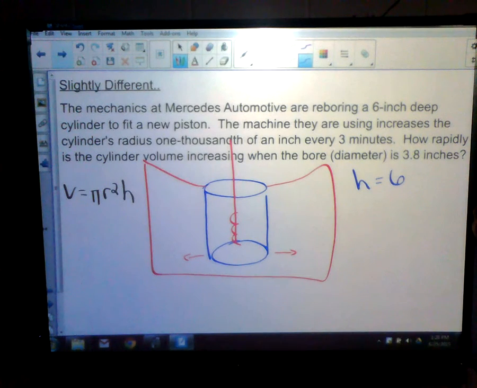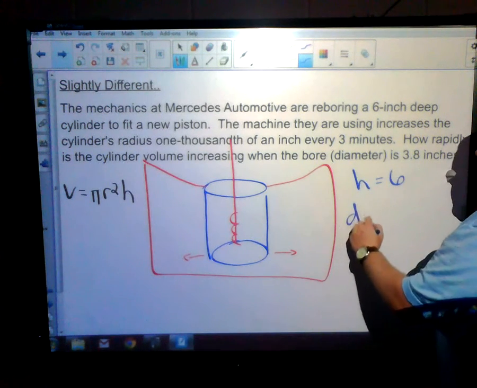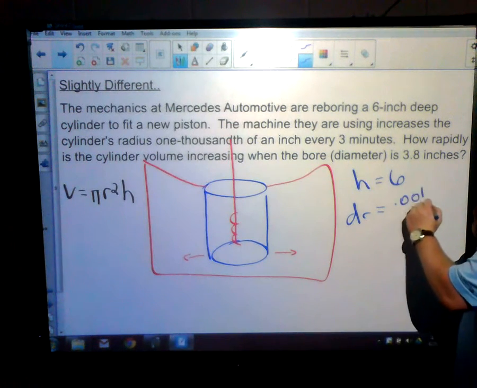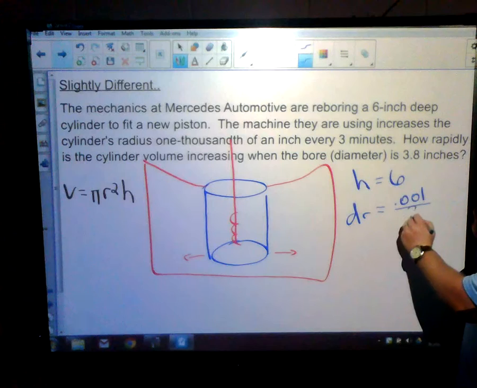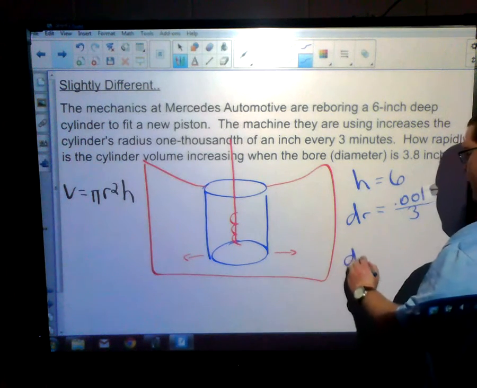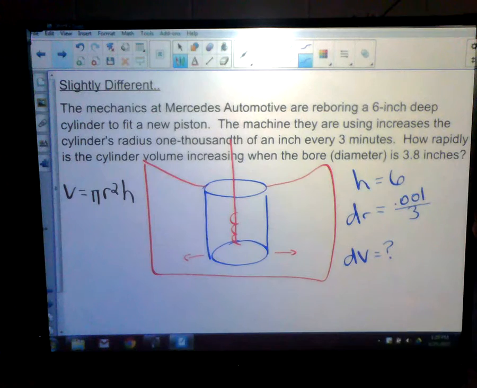It increases the radius, so the radius is changing by 1/1000th of an inch every 3 minutes. And I want to know how much the volume is increasing when the diameter is 3.8 inches.